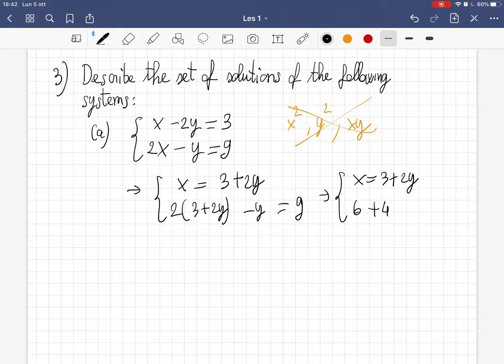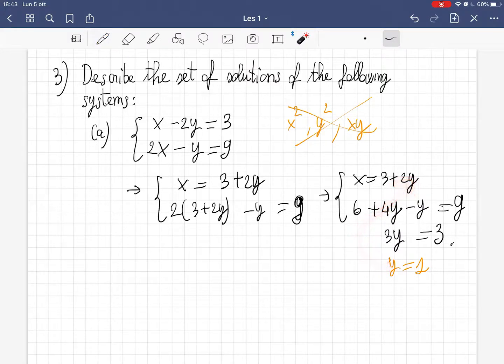So it's 6 plus 4y minus y is equal to 9. So this means that 3y is equal to 3, I hope. So in the end, y is equal to 1, and then you substitute again back, and you should find then x is equal to 5. Let me check. Yes, it should be correct.